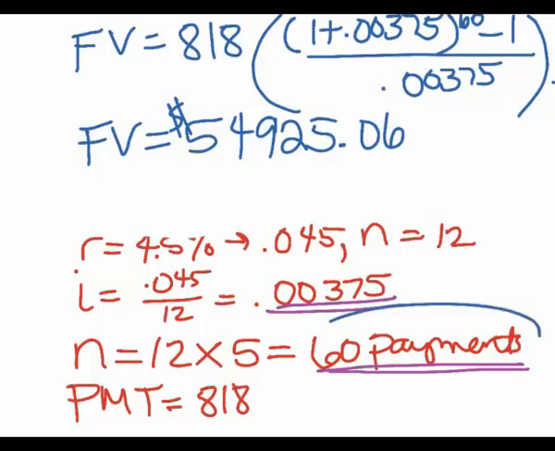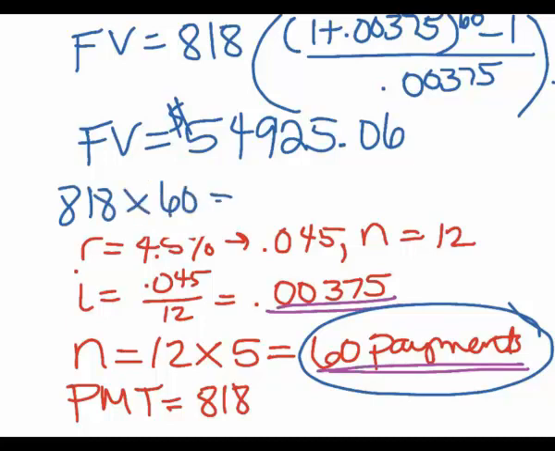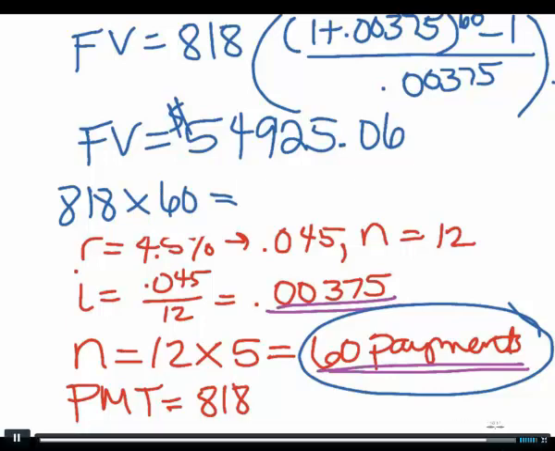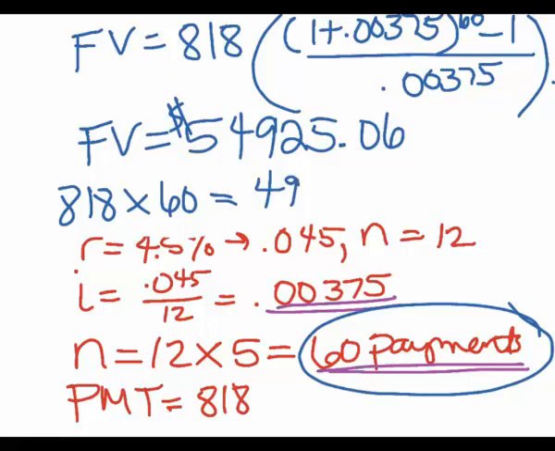So let's do that math. You did $818 60 times. So the amount of money that you put into the account is $49,080. That's how much money you put into the account. But that's not how much money is in the account, because the rest of that money is interest.